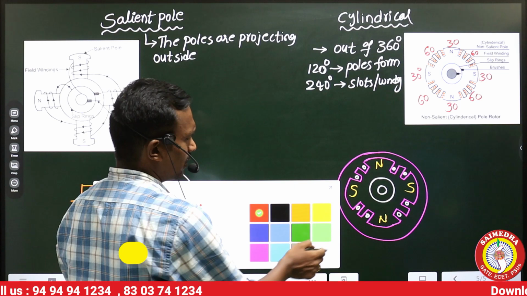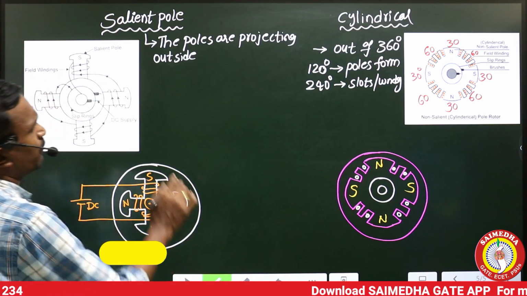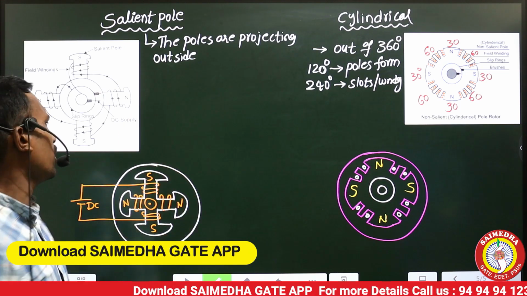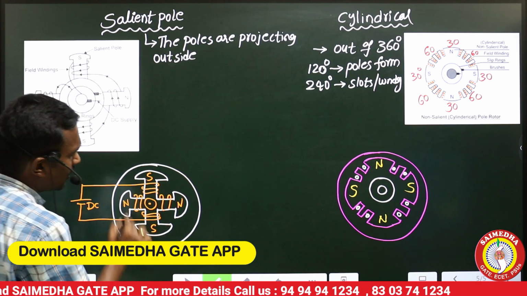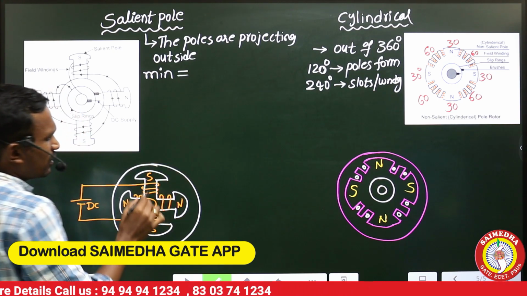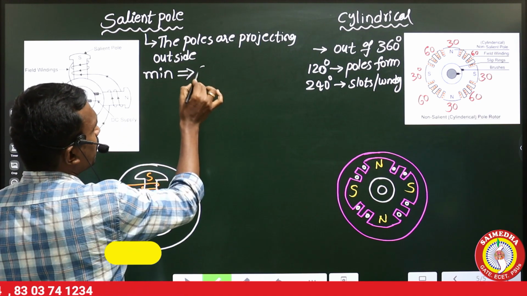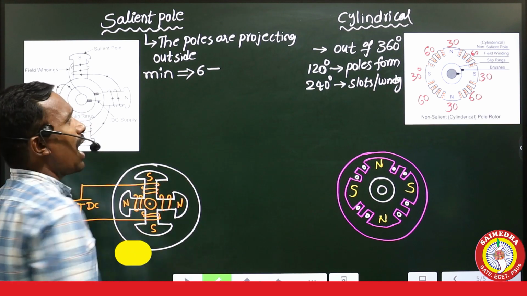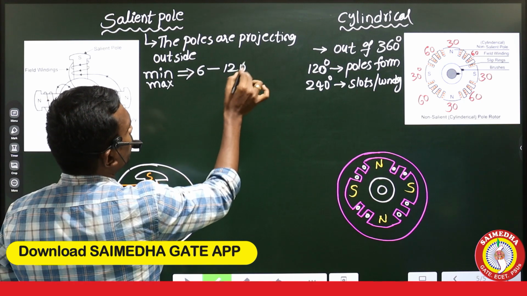Coming to another difference between these two. See carefully. When we observe these two structures, in the salient pole, of course, I drew 4 poles, but practically the minimum number of poles is 6, and the maximum number of poles we can use is around 120.